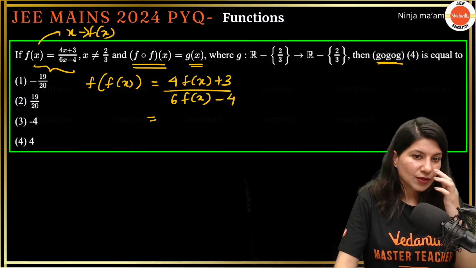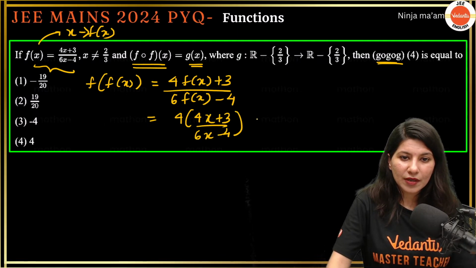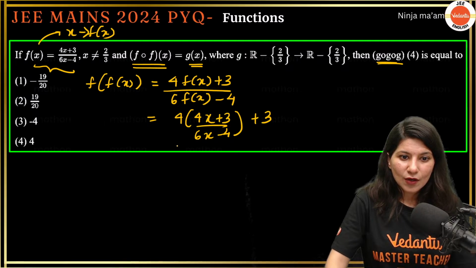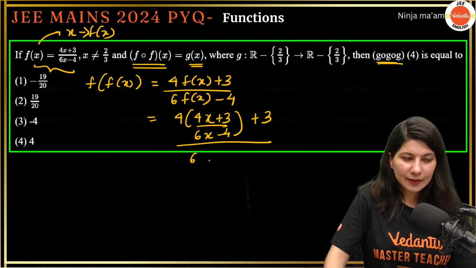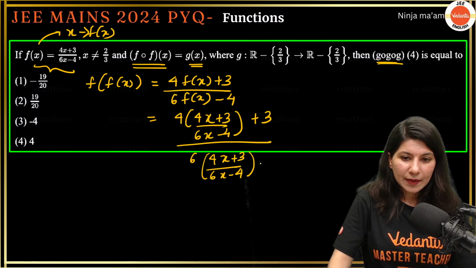Correct? So this is going to be 4 times (4x plus 3 upon 6x minus 4) plus 3, whole upon 6 times (4x plus 3 upon 6x minus 4) minus 4.